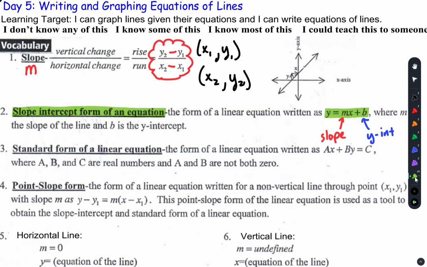The next form that we're going to see is standard form. We don't use standard form all that often. It's not one of my favorites, but it is this form, ax plus by equals c, where a, b, and c are real numbers, aka they are integers. I'm going to put that note in here, actually. Integers. What does that mean to be an integer?